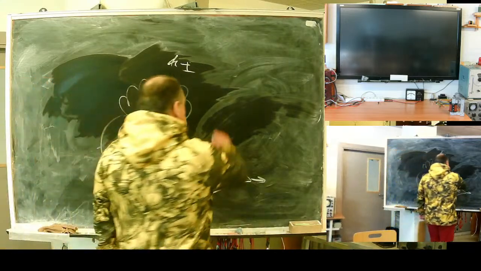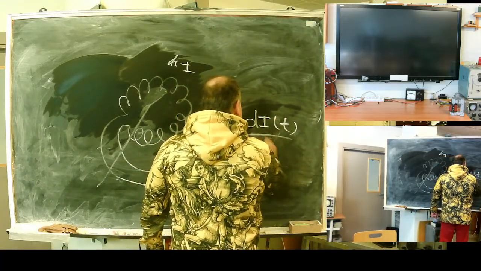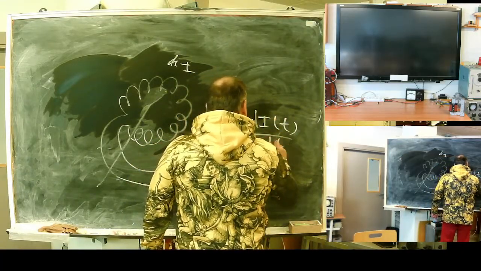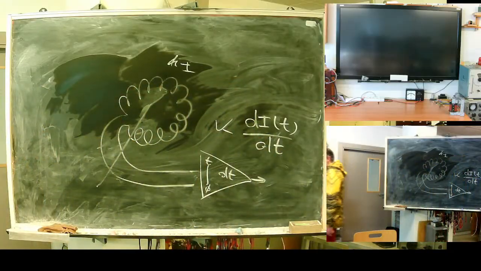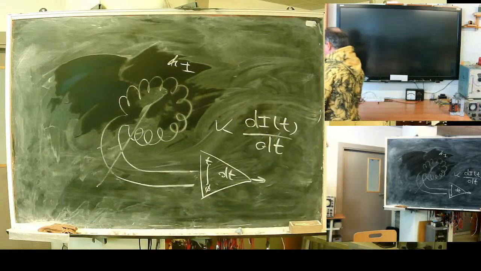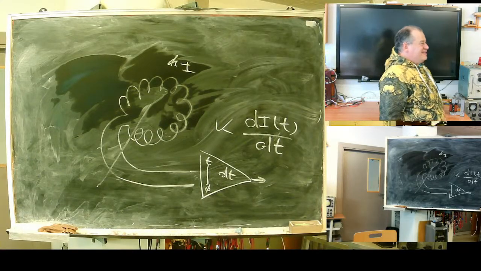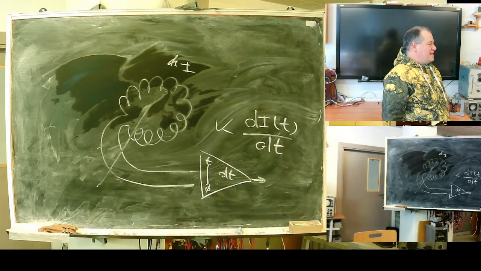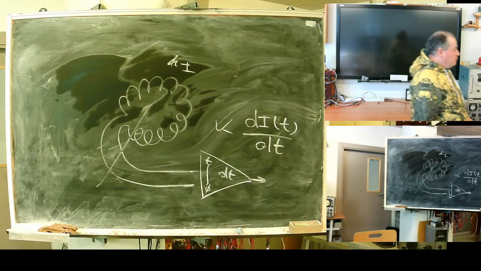Output is derivative. Rogowski coils are loved by all kinds of portable instrument manufacturers. As an input, not a very popular thing.